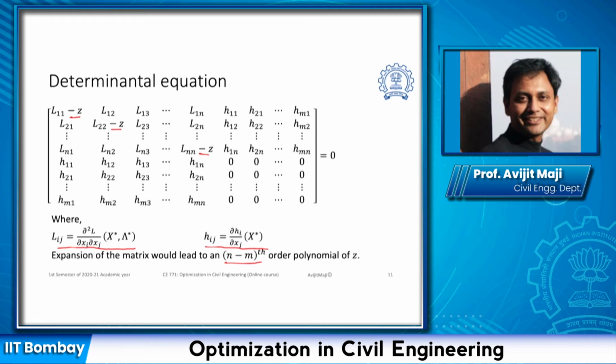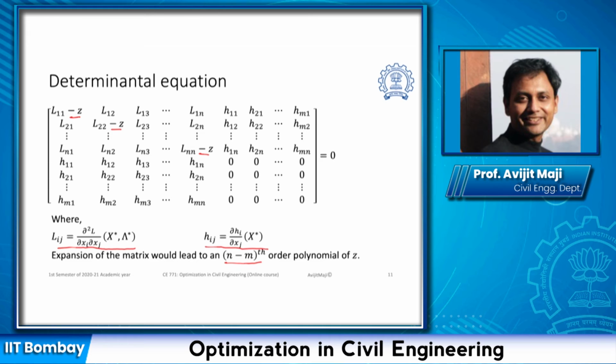Now in this solution, if we find that all the roots of z are positive, then we can say that the optimum point x star is going to yield the minimum function value. If all the roots of z are negative, then the optimum point x star is going to yield the maximum function value.